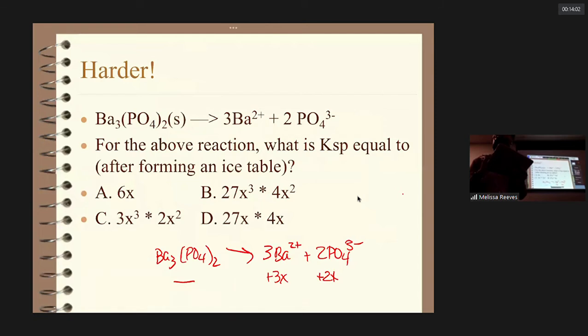And when you put those into the KSP expression, you have to raise them to their stoichiometric coefficients. So that's going to be cubed, and the 2x gets squared. So that gives you your 27x cubed times 4x squared.